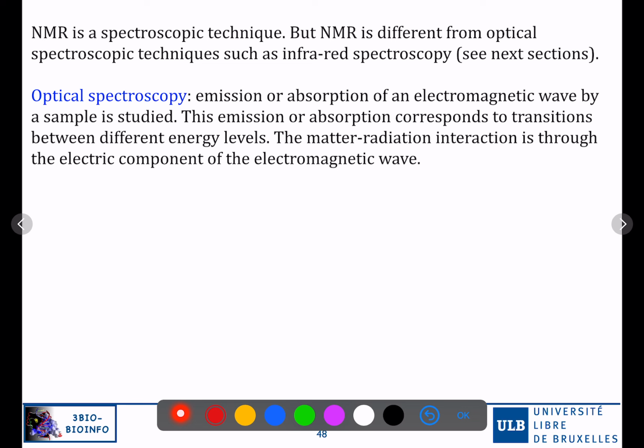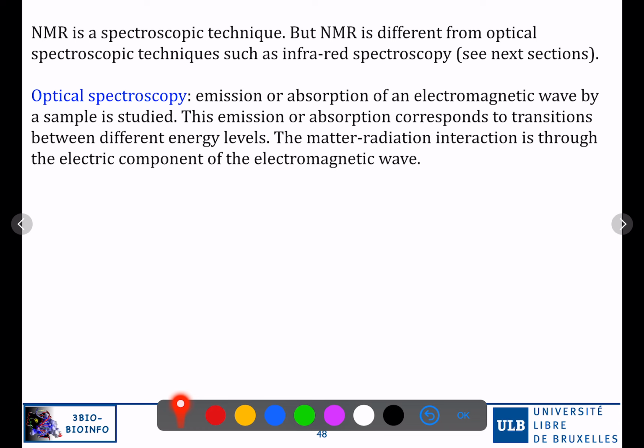In general, and we will discuss that in more detail later, in classical optical spectroscopy, you will study the absorption or the emission of an electromagnetic wave by your sample, by the molecules that are present in the sample.